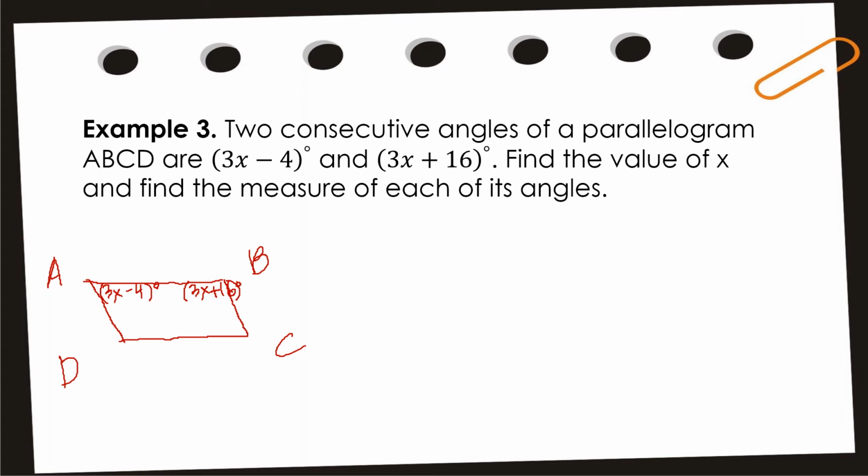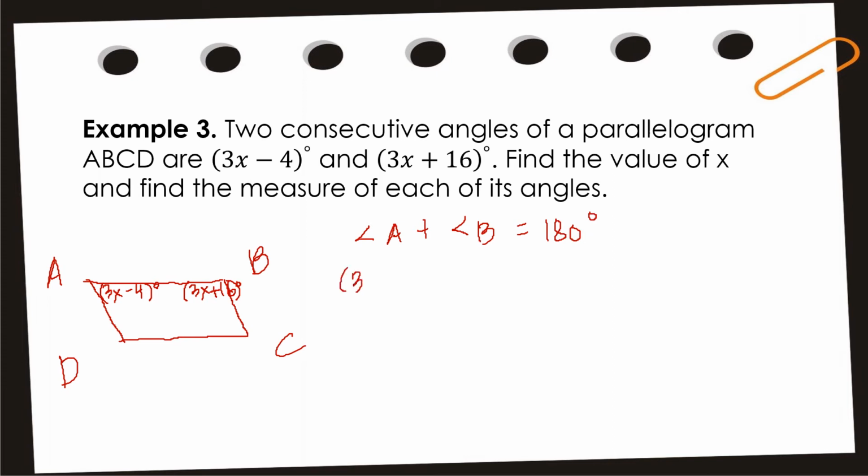So if angle A and angle B are consecutive angles, and ABCD is a parallelogram, it means that angle A and angle B have a sum of 180 degrees. So we can say that the measure of angle A plus angle B is 180 degrees.